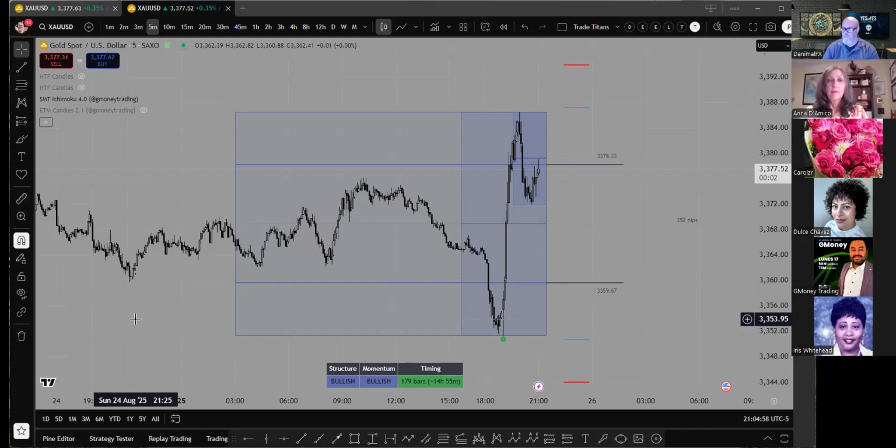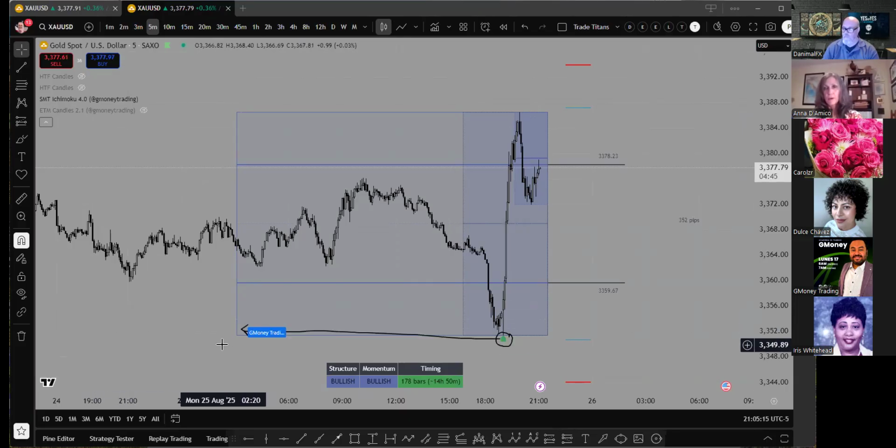The timing is basically this little green arrow or marker or flag, whatever you call it. What's it communicating to us? Basically, from that flag to the left, there are 178 bars or candles.